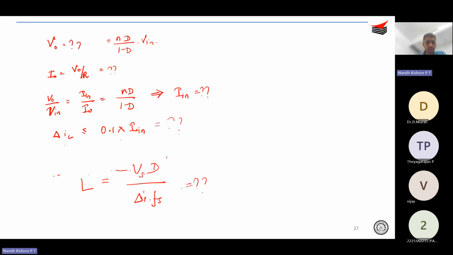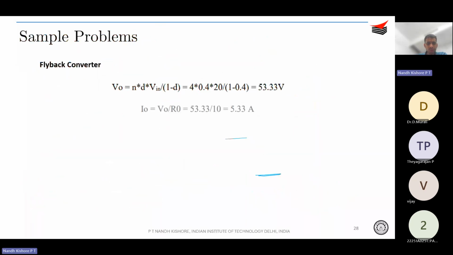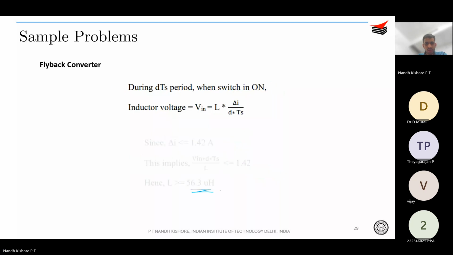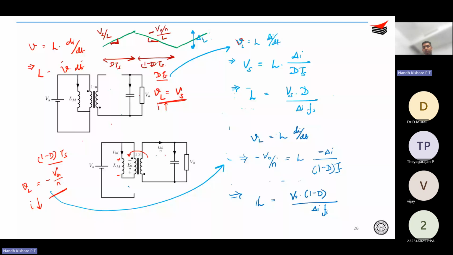Yes, in the problem as well, it is 56.3 microhenry. I hope this problem is clear to you. It has been elaborately explained how we derived L. In the previous problem, we saw, similarly, by applying capacitor charge balance, how we derived IM, that is the current through the inductor.